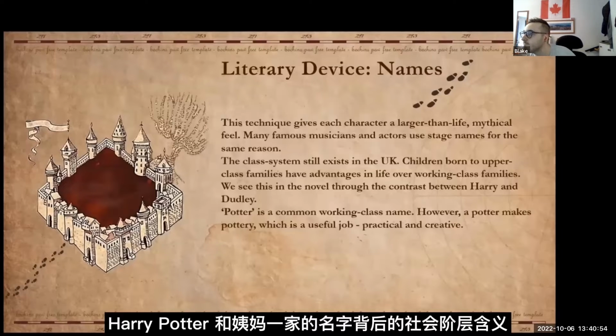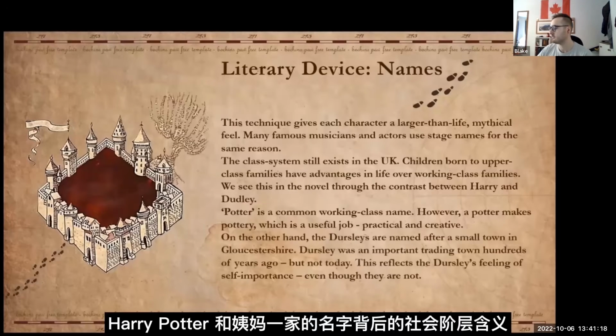It's practical, it's creative. We all need pots and glasses and ceramics. So it's a very useful, it's a very practical, it's a common working class name. And as you said, Harry is also a very common name. So we have Harry, who's very down to earth, he's very practical, he's useful. Now, on the other hand, Dursleys is a village or a small town in Gloucestershire in England.